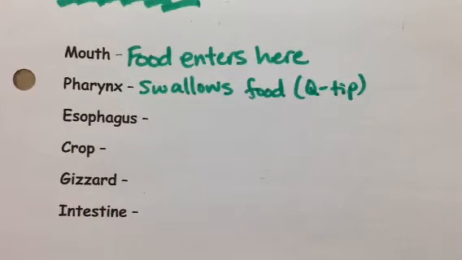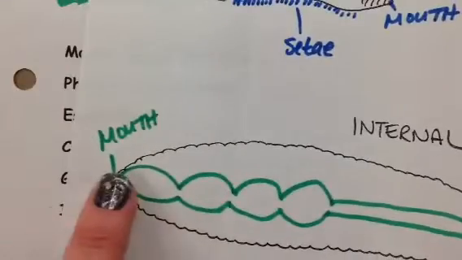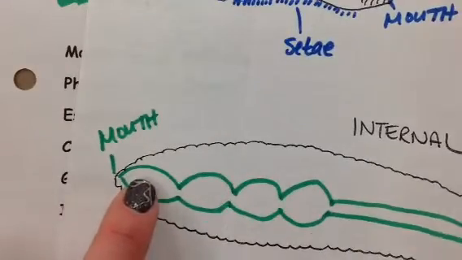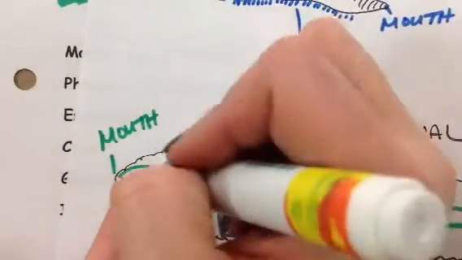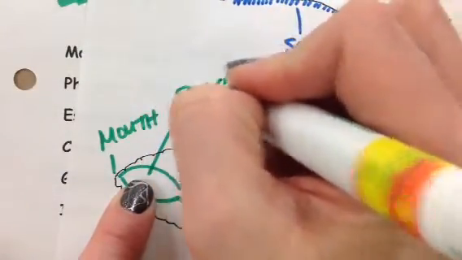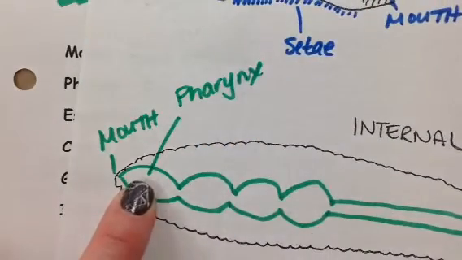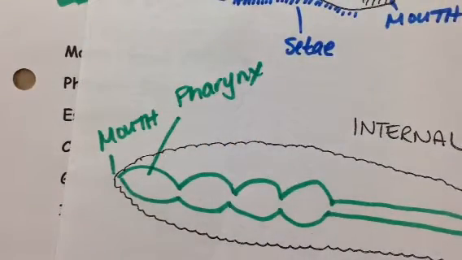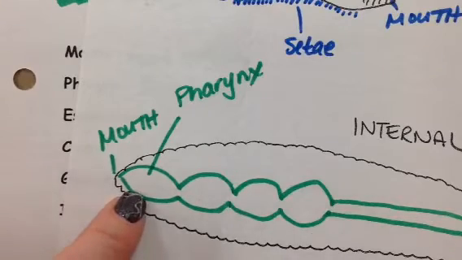It kind of has that same shape. All right, so that's my helpful dissection hint, that the pharynx, which is right here, looks a lot like a Q-tip. All right, so I'm going to label my pharynx. There's our pharynx, okay?